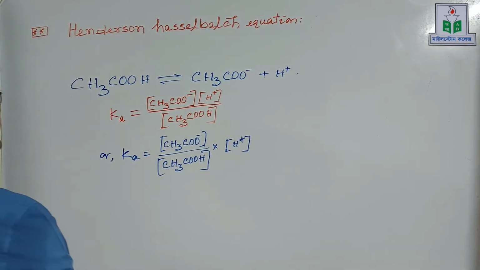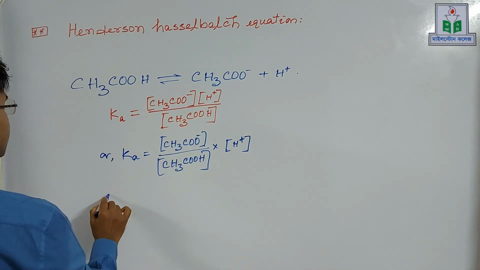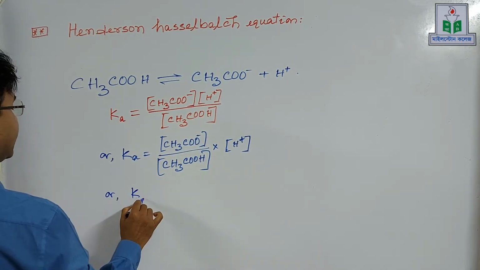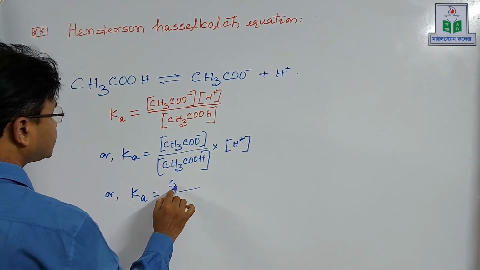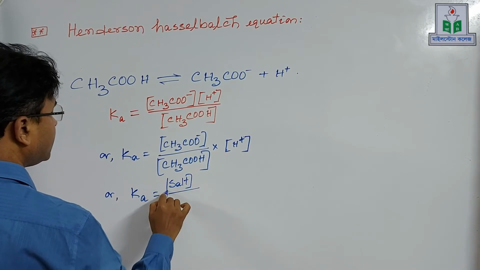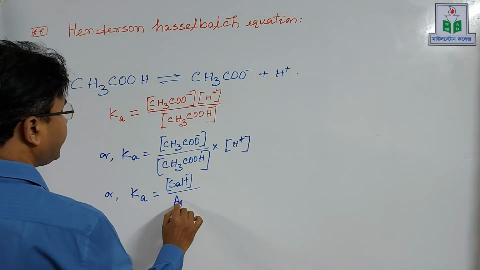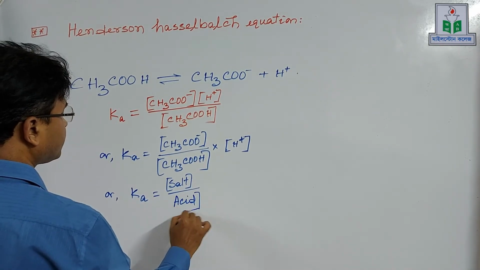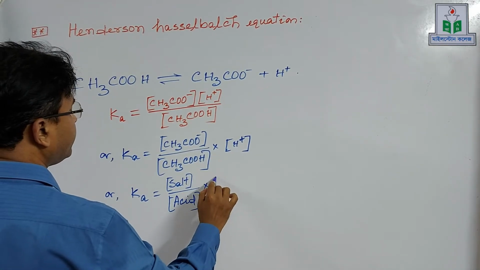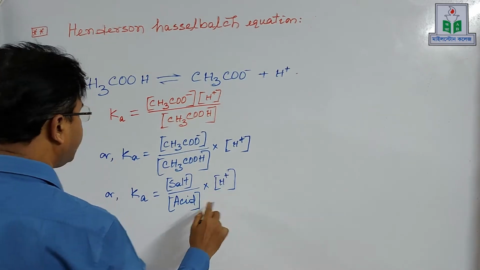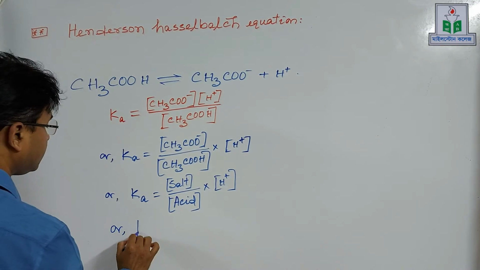Then dear students, already I have told you the molar concentration of ethanoate ion is the molar concentration of salt, and molar concentration of ethanoic acid is the concentration of acid, into H plus ion. Then take log in both of the sides of this equation.